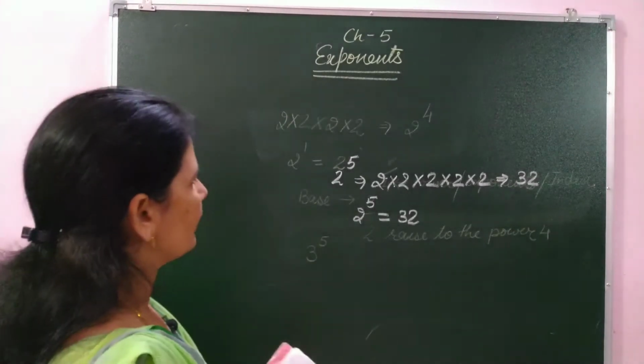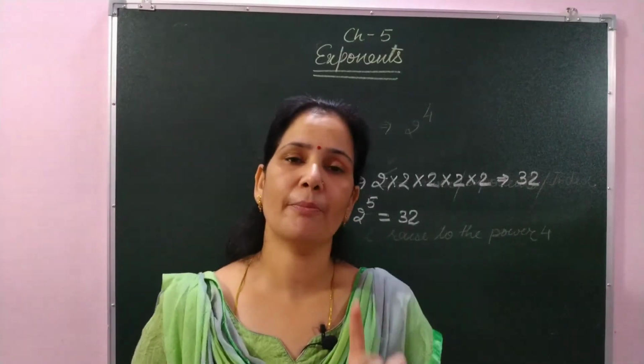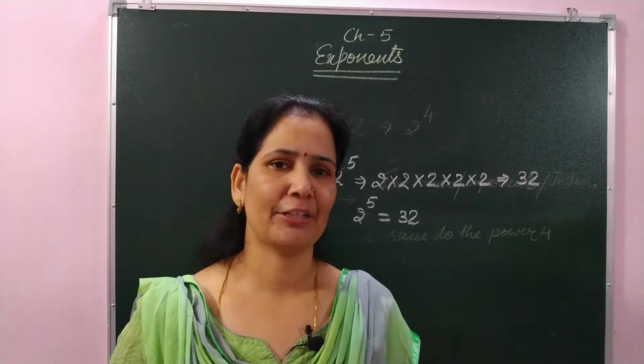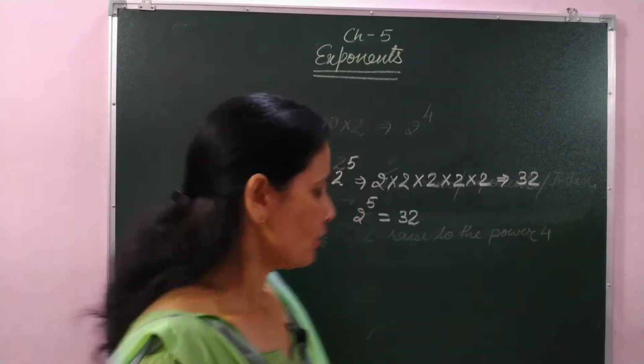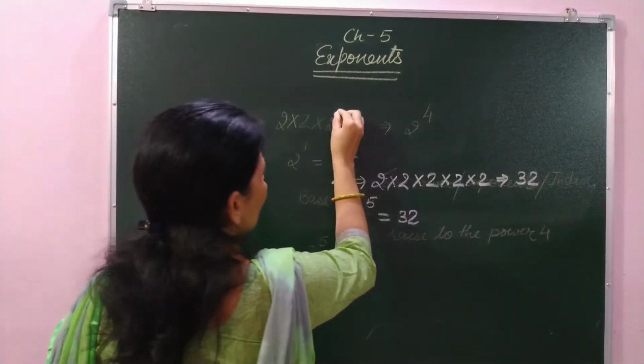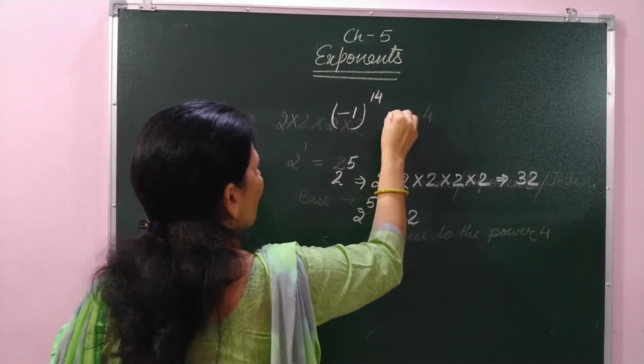Now one more thing. In this question we solved, the base is positive, but if the base is negative, how do we solve that one? For example, minus 1 and its power is 14. What will be the answer?